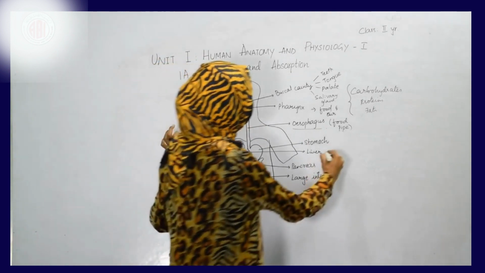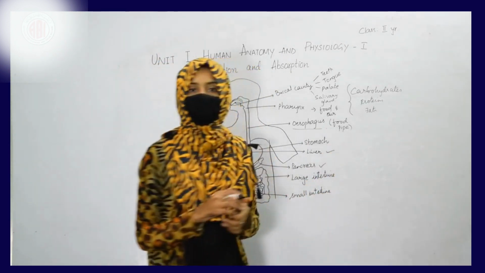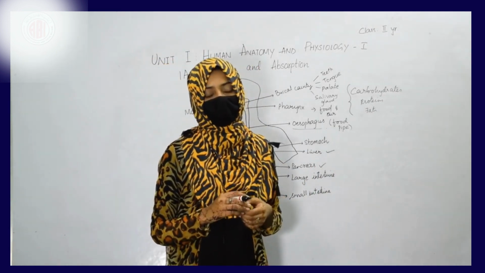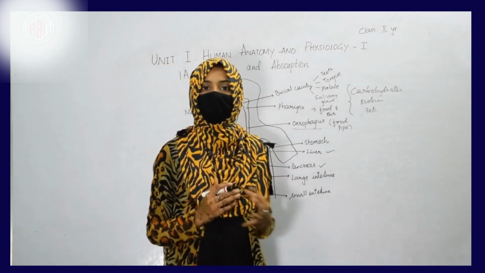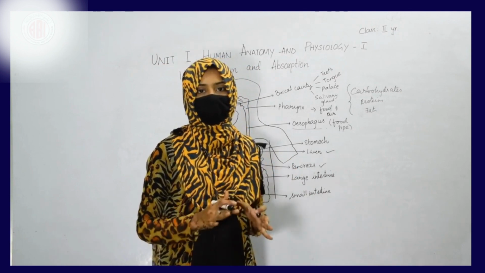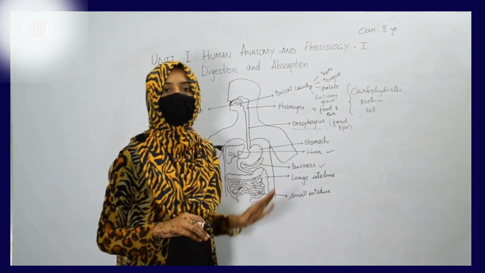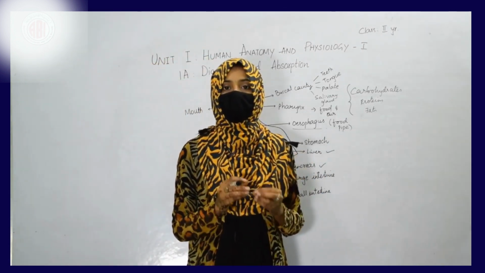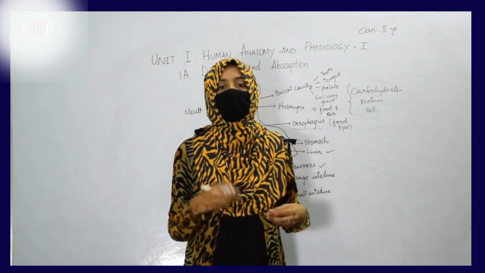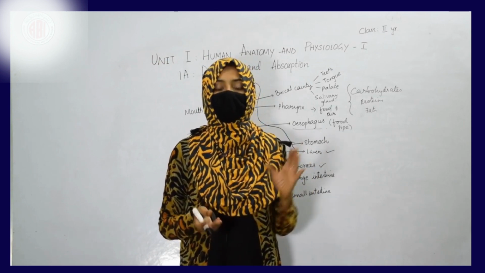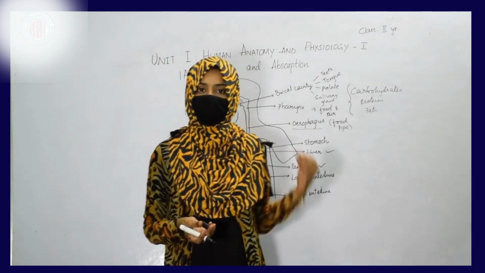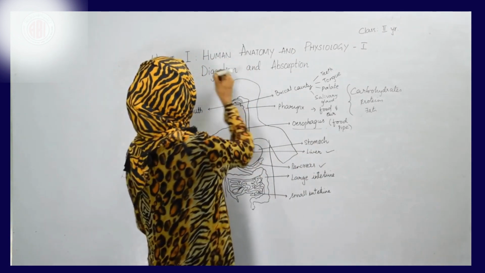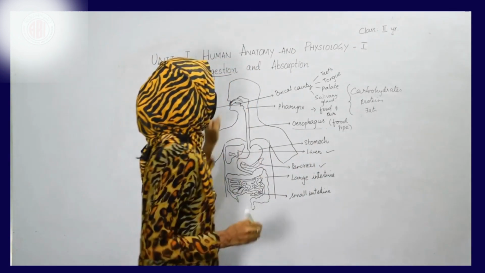Besides this, the liver and pancreas are also organs that help in carrying out the process of digestion and absorption in the human body. Up till now we were discussing only the parts present in our digestive system. Now we are going to discuss each part in detail, how the digestion is going to happen. Before that, we will first see the definition of digestion.